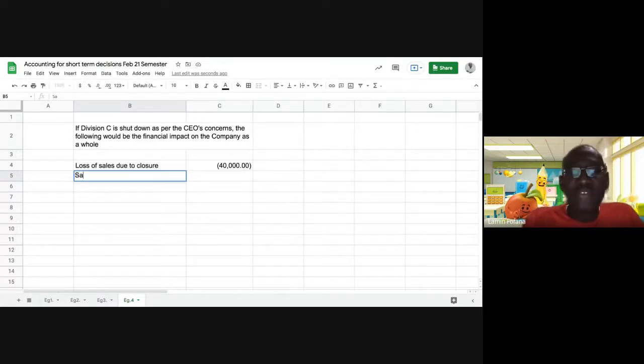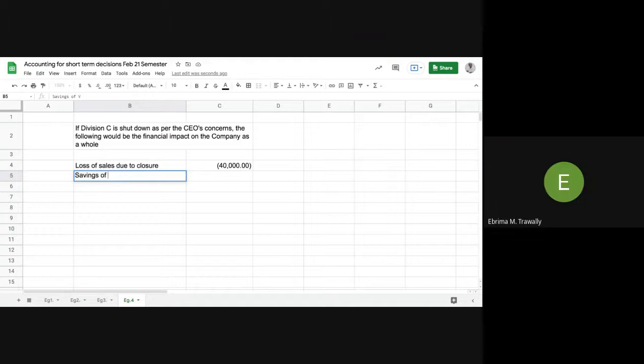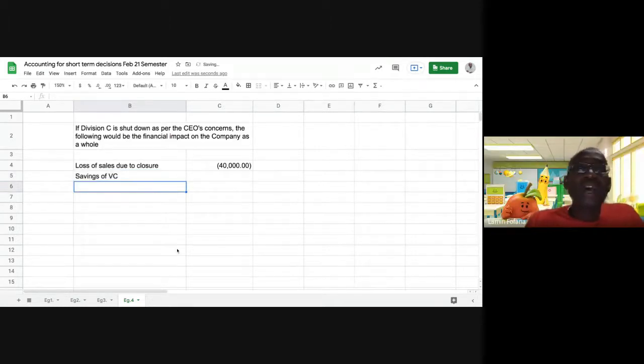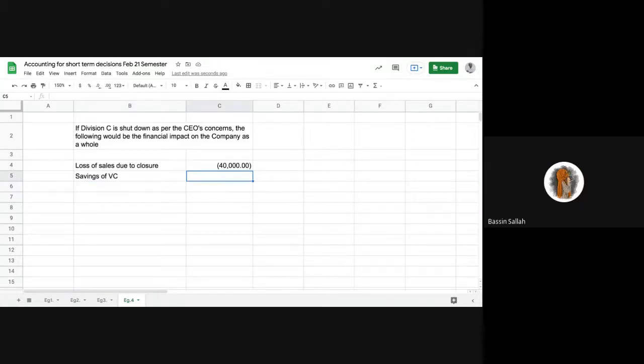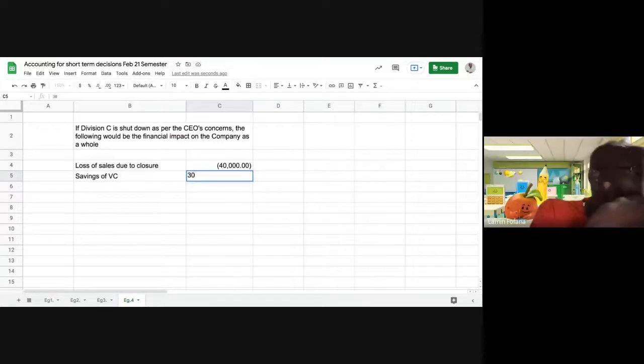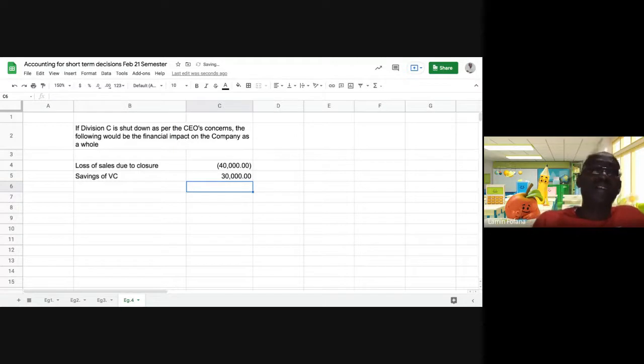It will be a savings, isn't it? Savings of variable costs. And how much is variable? Plus 30,000. So Division C's variable cost is 30,000, we're going to save it.